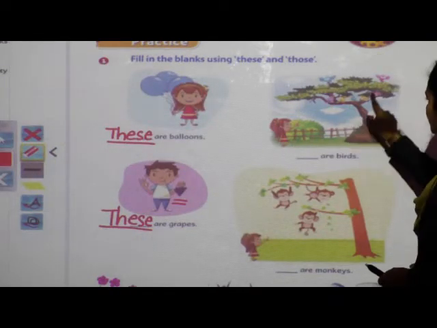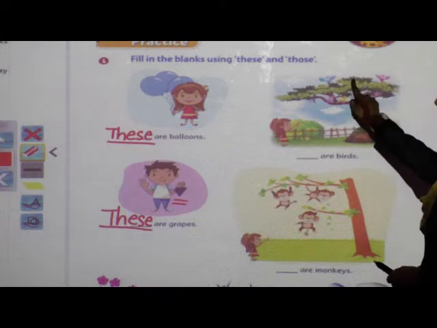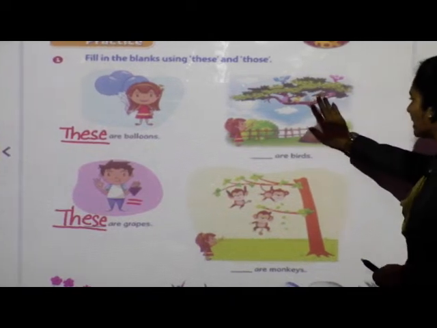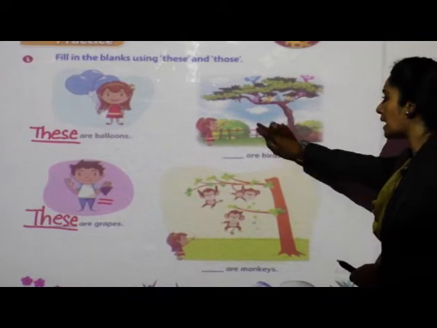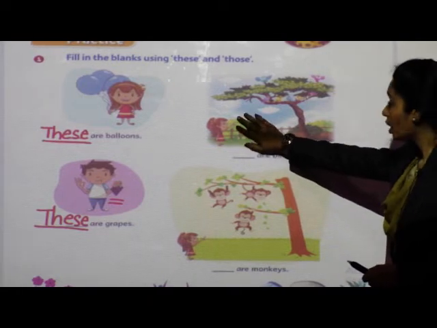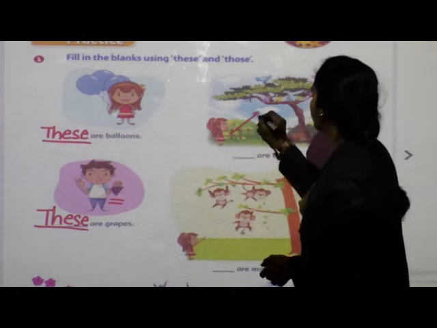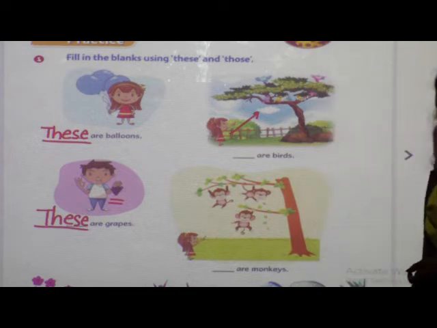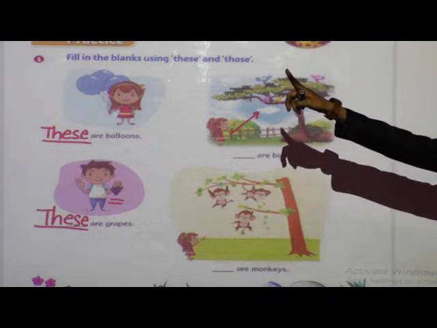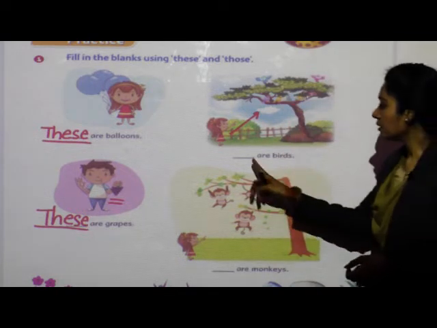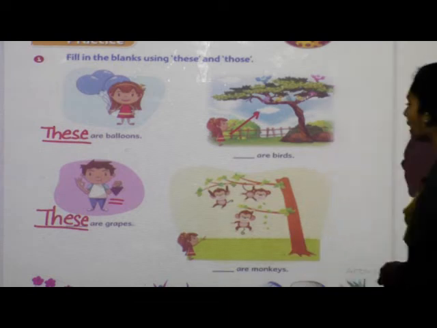Can you see these birds, children? If you see this picture, are the birds near to this girl or far from her? She is pointing here, and she is saying dash dash are birds. What will come here, these or those?